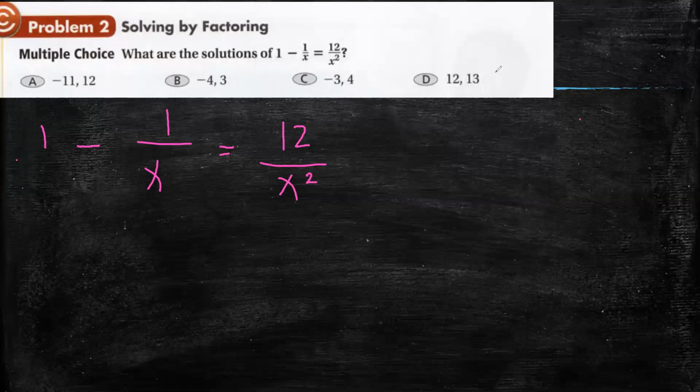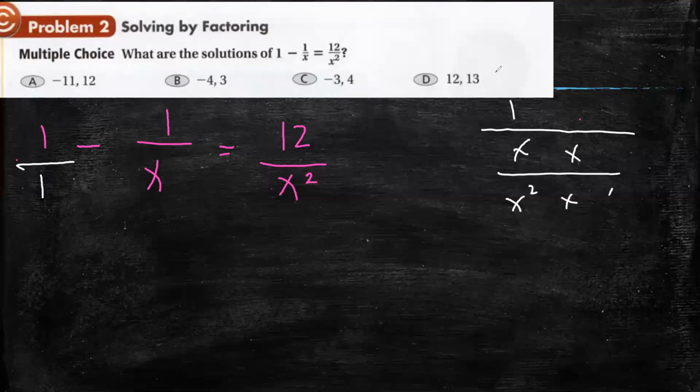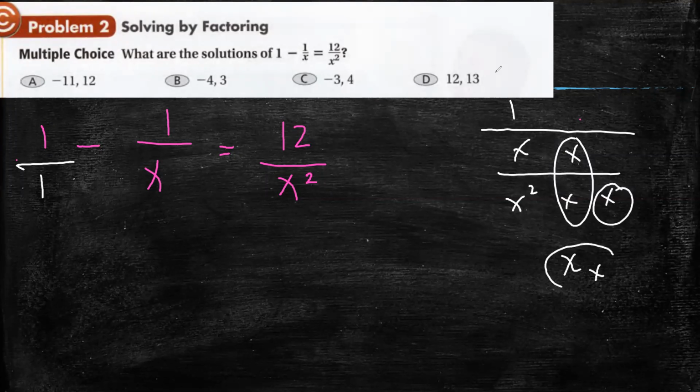What are the denominators here? Here we have 1, x, and x squared. The common one is x. So what will the least common denominator be? X what? It will be x squared. Yes.